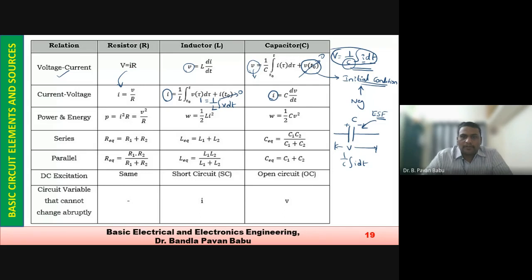But we should consider them; since it is our first session, you can write 1 by L integral V into dt. You can use this equation for the current through the inductor. Next, if we shift this derivative here, it will come as an integration. And in a similar way, I equal to C into dV by dt.